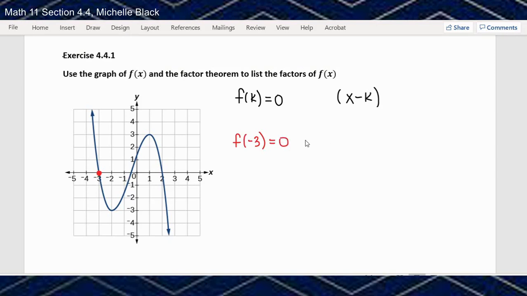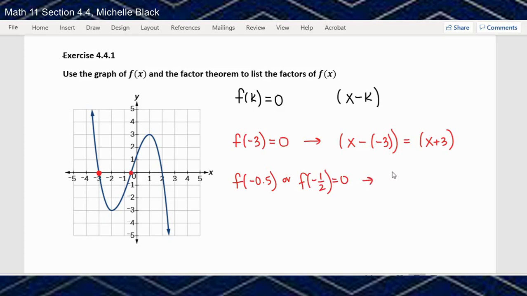So by the factor theorem, this implies that x minus -3 is a factor, or x plus 3 is a factor. I also have one here which is pretty close to -1/2. So f of -0.5 or -1/2, however you want to write it, I'm going to use the fraction, is equal to 0.